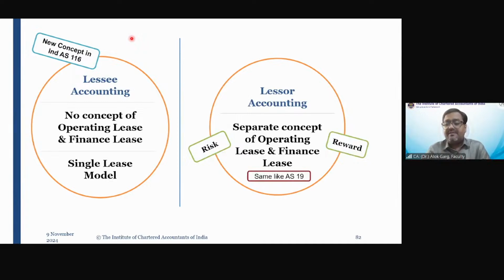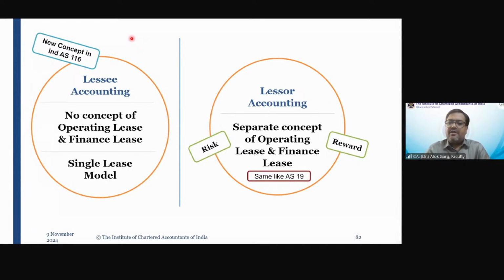Life is 20 years. I have given this asset on a lease basis to Rahul. Now Rahul is the lessee, I am the lessor. I have given this asset on lease to Rahul for 5 years, and I am charging a rent of rupees 10 lakh per annum.